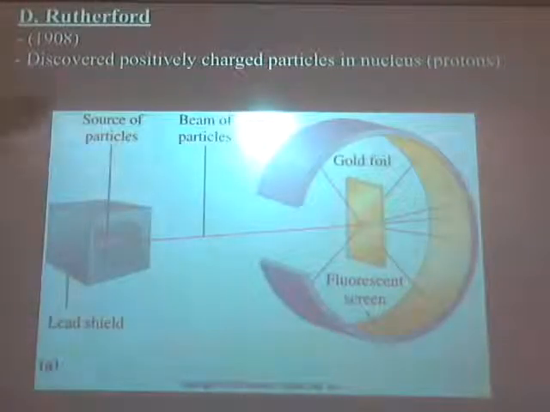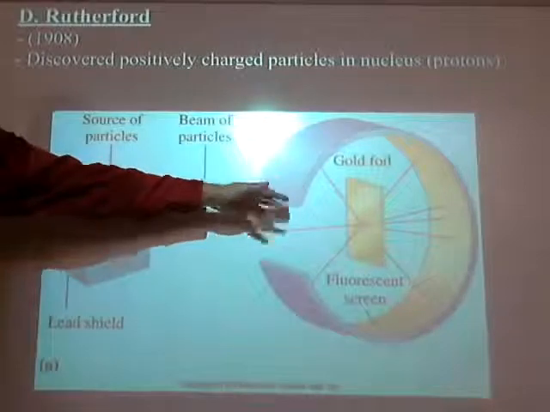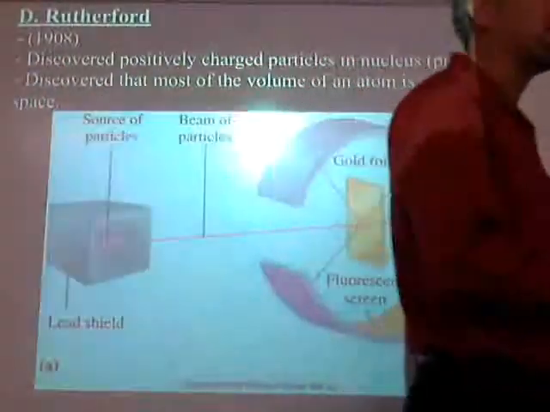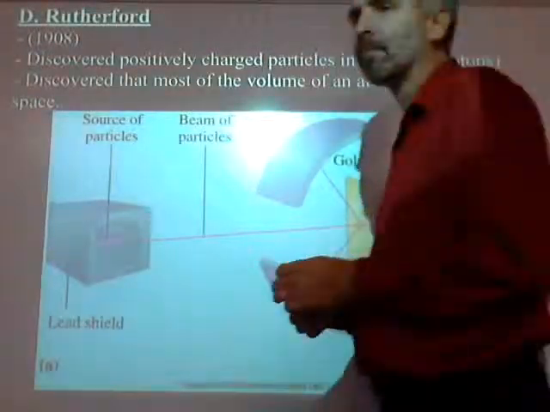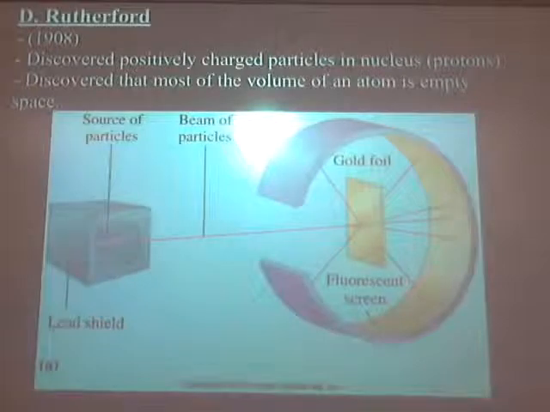All right? So the second thing that Rutherford figured out, not just that he discovered positively charged particles called protons, but that most of the volume of an atom is just empty space. Kind of like the theory behind Honey, I Shrunk the Kids. Remember that? Ever seen the movie? Yeah. That's actually what they talk about in the movie. You can't really get rid of that space and shrink it down, but that's the theory behind it.